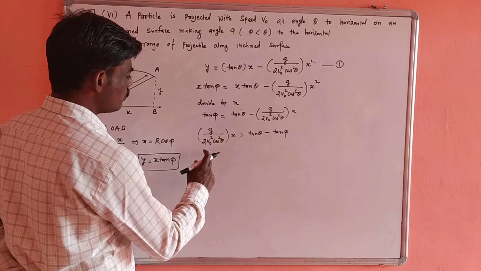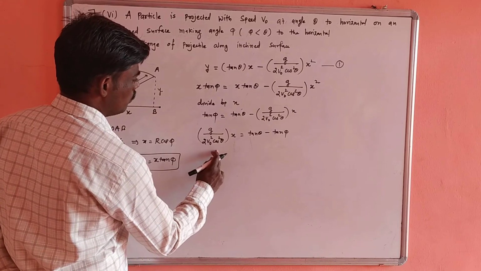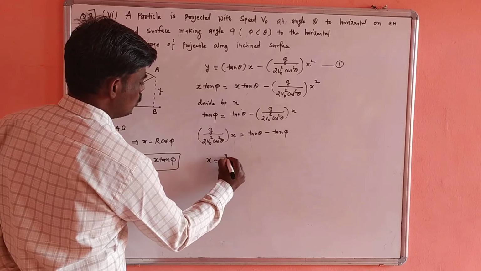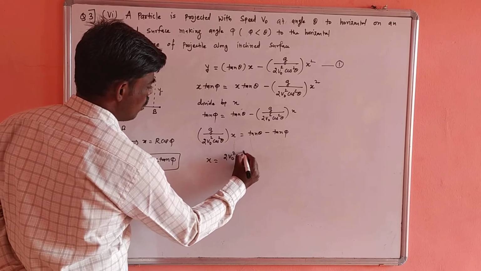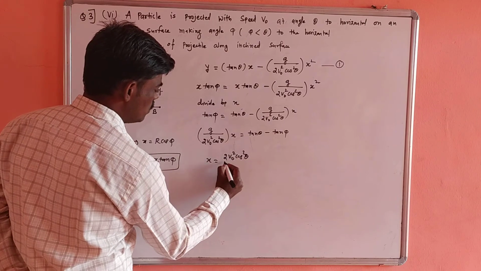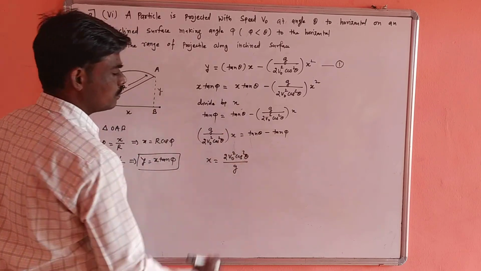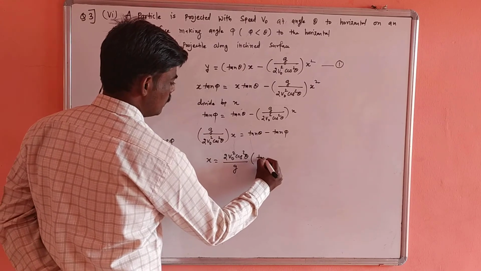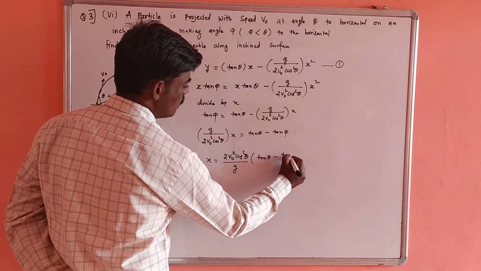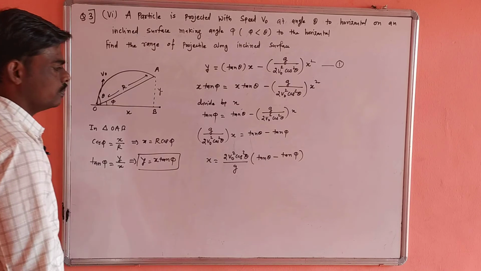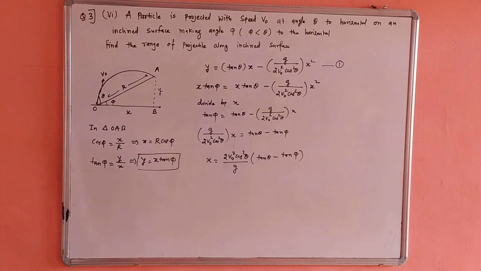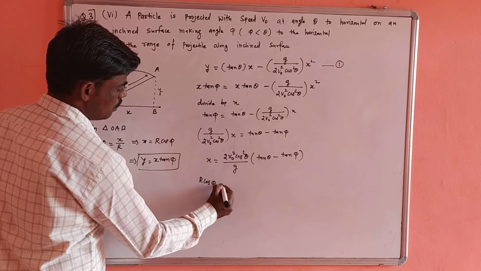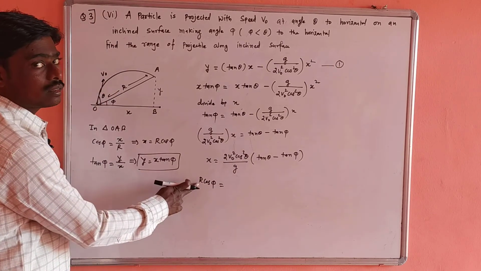Then multiplying, x is equal to 2v0 square cos square theta by g in bracket tan theta minus tan phi. So x is nothing but r cos phi, and we have to find r here.